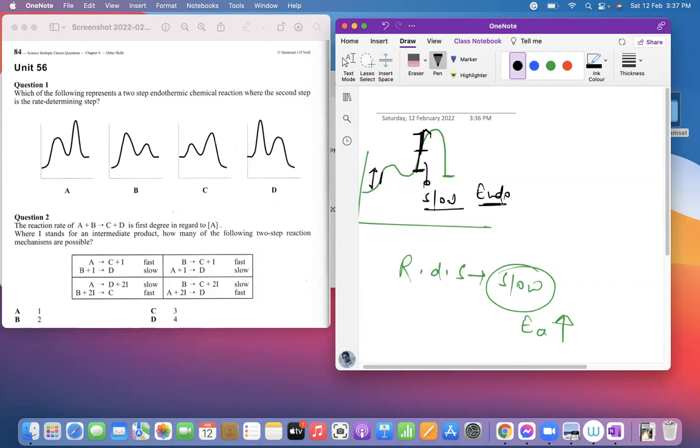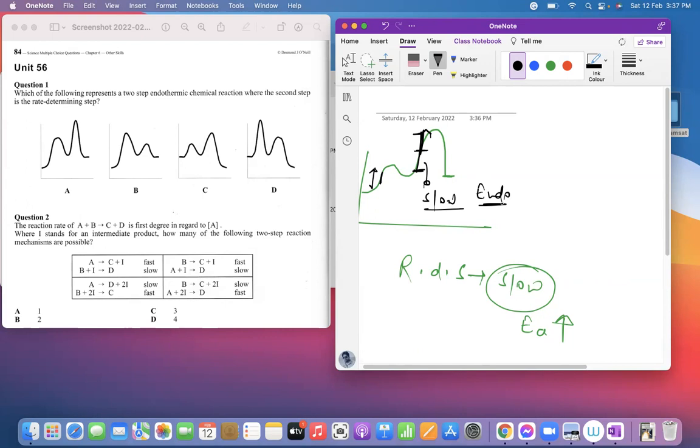Answer will be A, not B, because in B the second step has a lower peak. Okay, now try to find question number 2 based on the same concept.